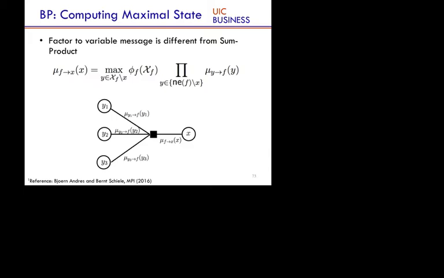You have a local factor phi f of script f that you multiply with them first, and then you take a maximum over all variables except the target variable to whom you are trying to send a message, and send only that as the message to the target.